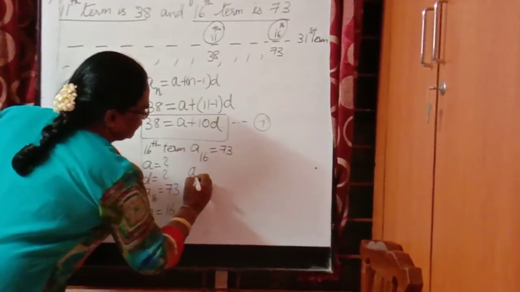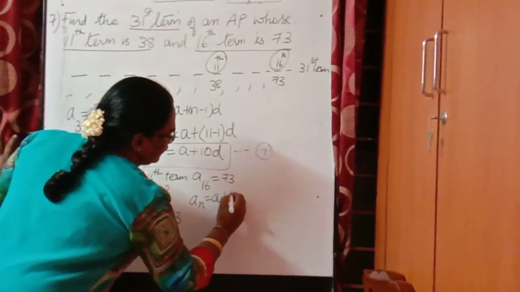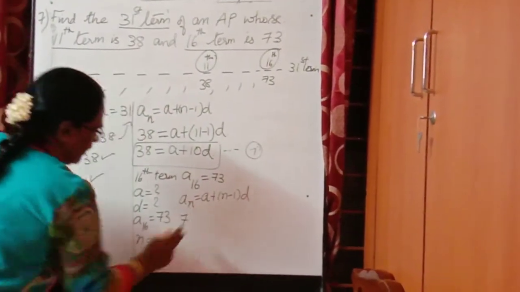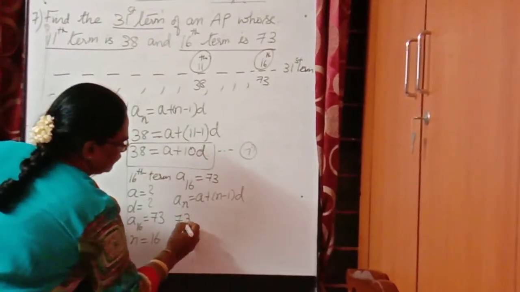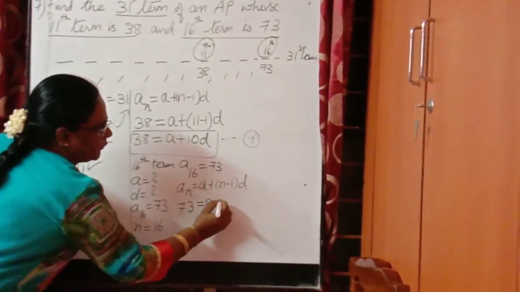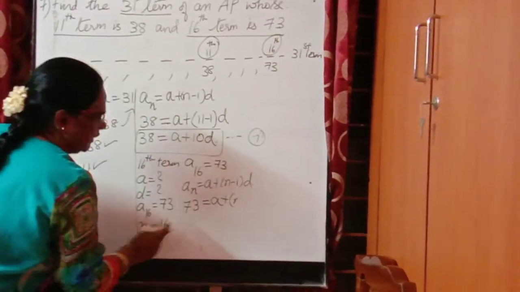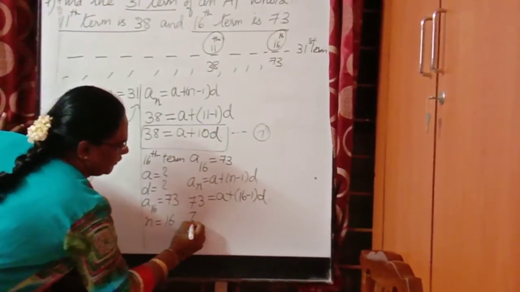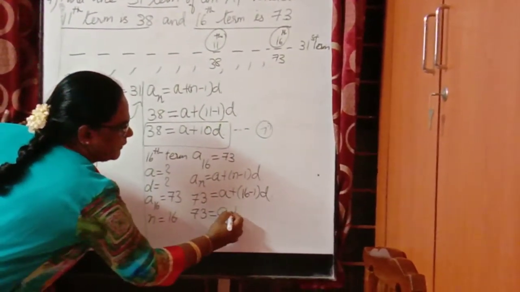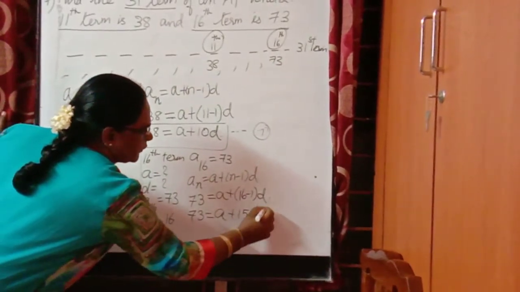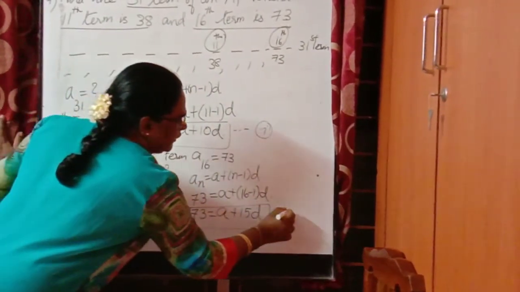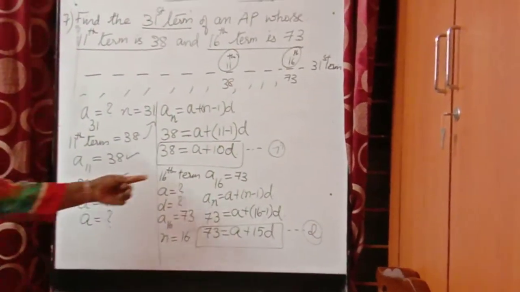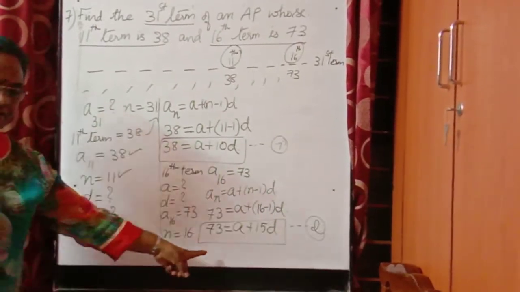So similarly for this also, an is equal to a plus n minus 1 into d. 73 is equal to a plus 15d. Call this equation number 2. This is the first equation and this is the second equation.